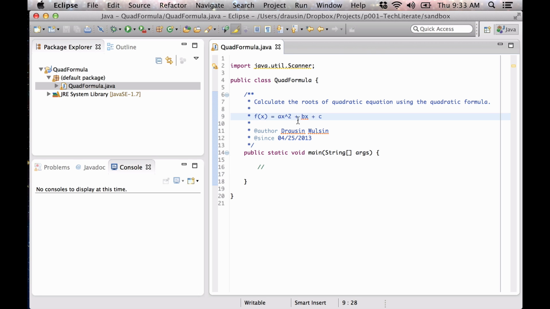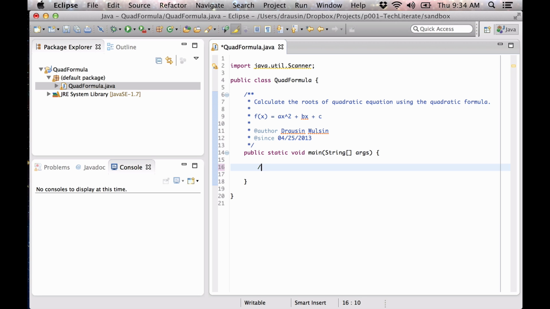Right, so we have a quadratic term, a linear term, and a sort of constant or offset. So the things that can change in a quadratic equation are these coefficients a, b, and c. So we're going to get those from the user. So that's why we need the scanner.